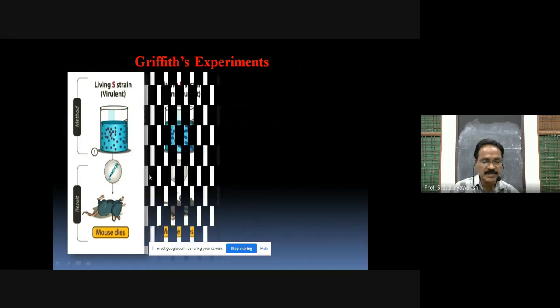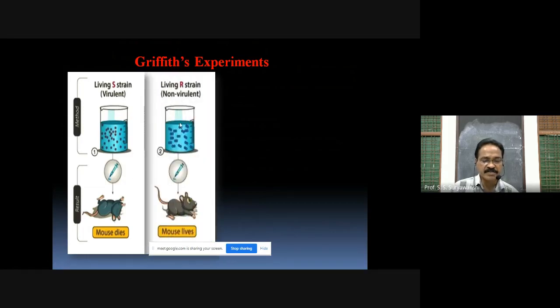In the second experiment, the R strain, with the same type of treatment, which is non-virulent, when injected into this mouse, he found that the mouse lives, without suffering from pneumonia. Okay, so these are the two strains.